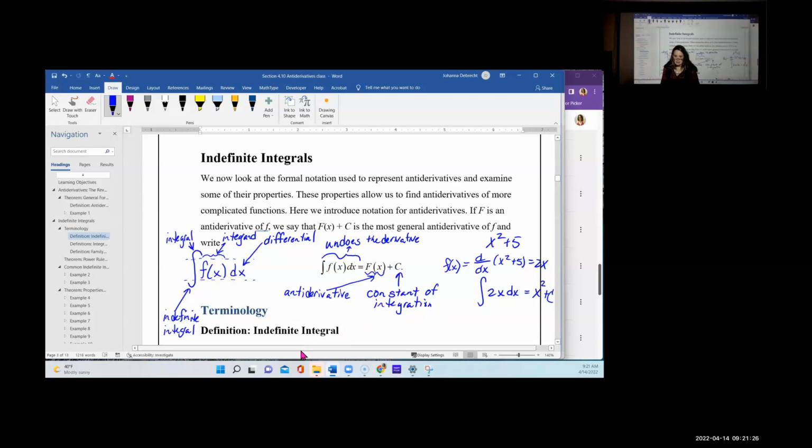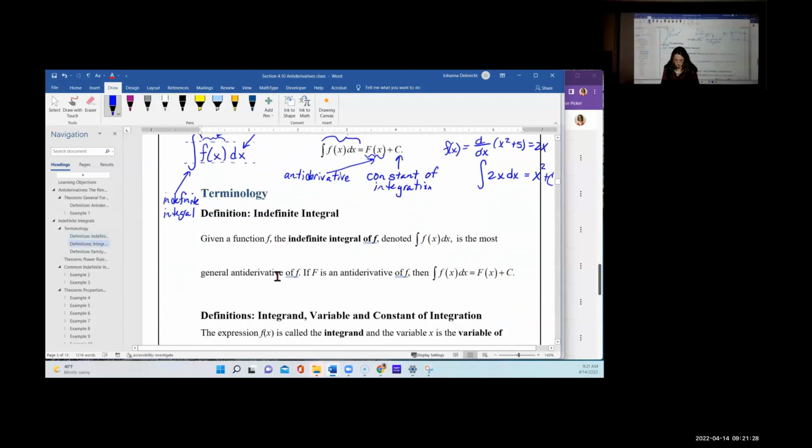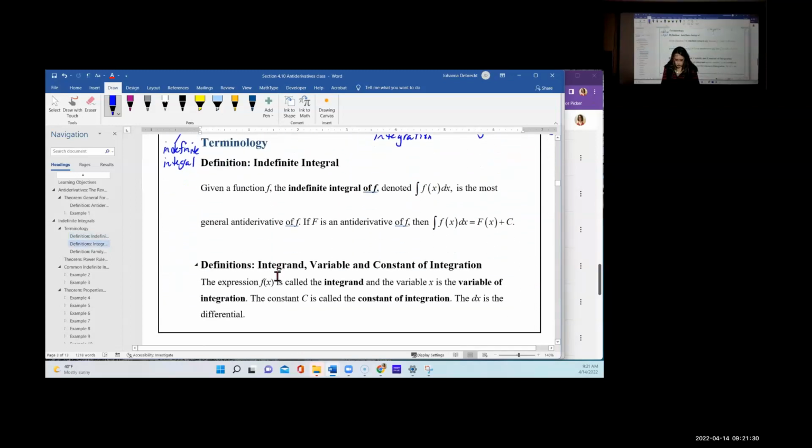Now, looking at the next part, we have a little bit more terminology. Given a function lowercase f, the indefinite integral of lowercase f, which is denoted with that integral notation of f of x dx, and again, notice that the f of x dx is sitting in the middle of the integral symbol, not even with the bottom, is the most general antiderivative of f.